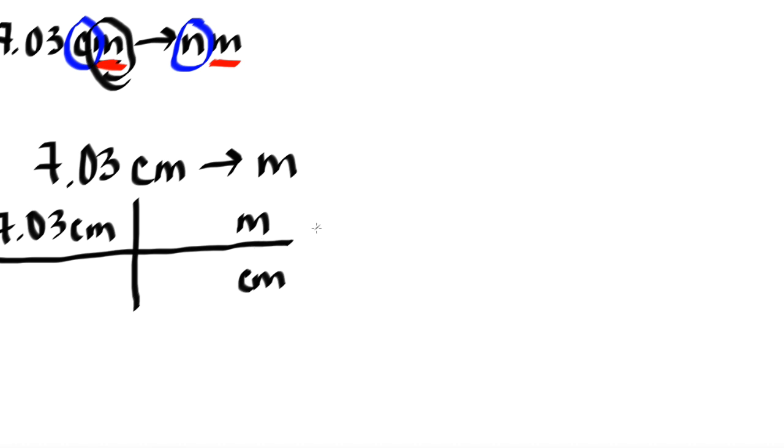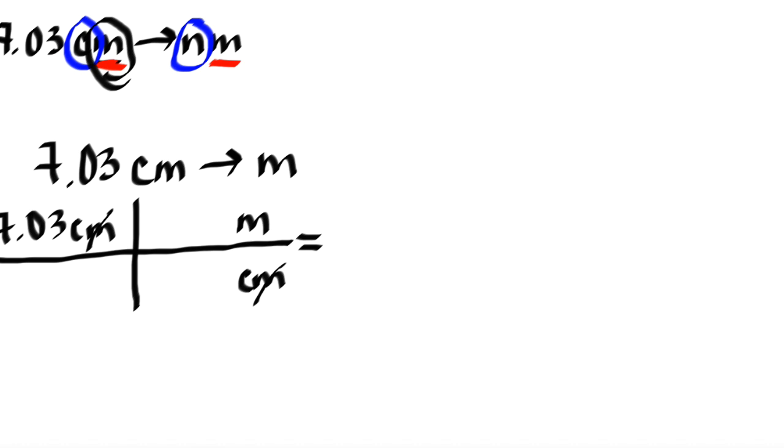Sorry, you're hearing my son sing in the background. So we're going to cancel out centimeters and centimeters, and that leaves you with meters. Here we need a relationship between meters and centimeters. Go back to the video I just posted, the one before this, and decide what works for you.